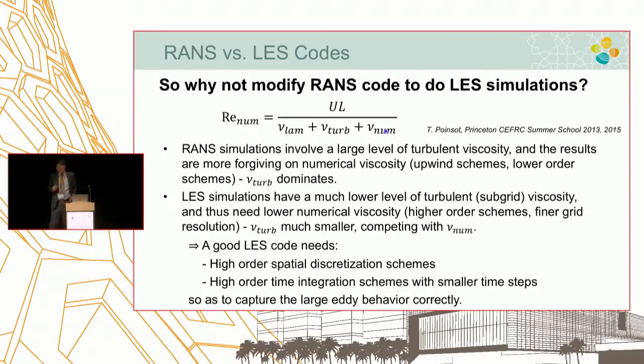So be careful. When you want to convert, the algorithm is the same. My point is that you need to improve the accuracy of your code, the schemes: spatial discretization, time integration. You want to improve them in order to ensure a good LES. Otherwise, you get LES WE, according to Poinsot, which means large eddy simulation without eddy.